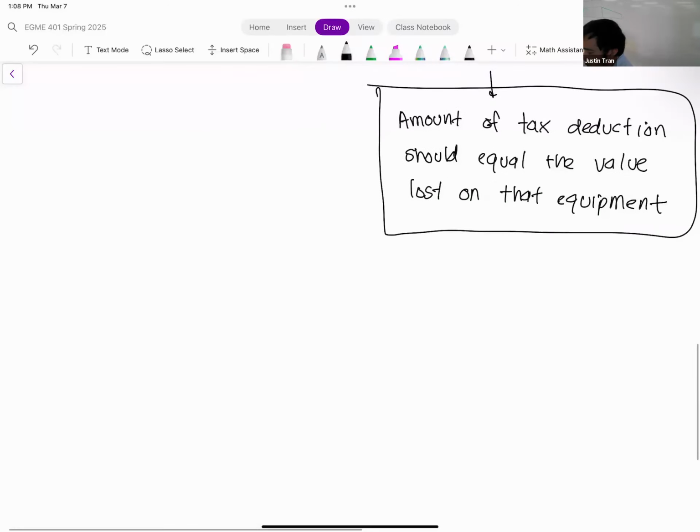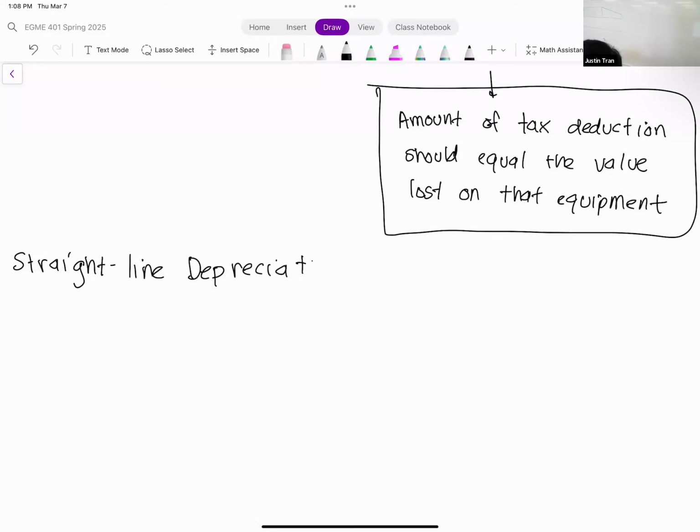What we talked about last time as well is that to compute depreciation, there are multiple different ways to do it. In fact, there are 4 different ways that we're going to go over in this class. The first type of depreciation is called straight line depreciation.